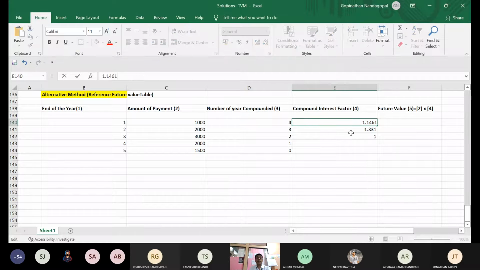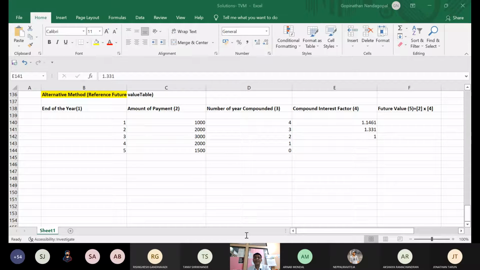Next case. 4641, sir. 1.146 only. It is 1.464. Am I right? Yes, sir. But you wrote 1.1461, sir.